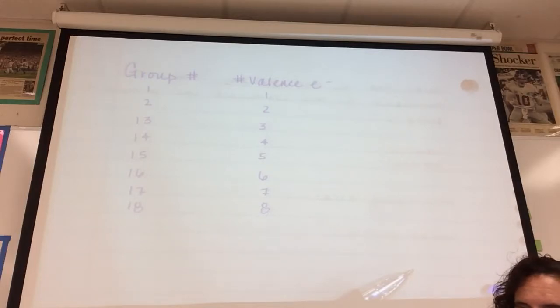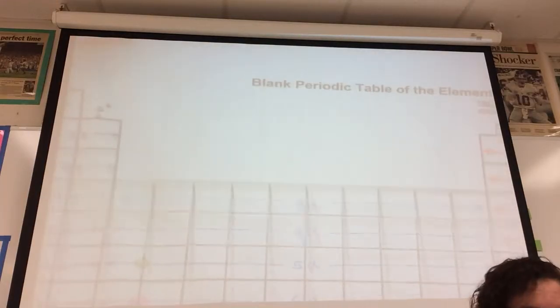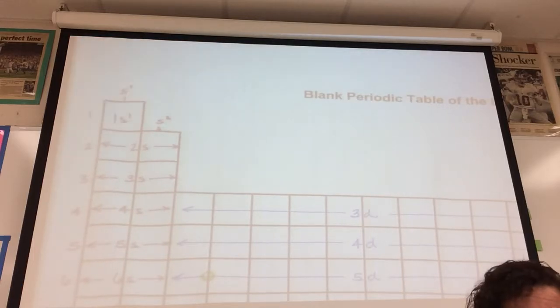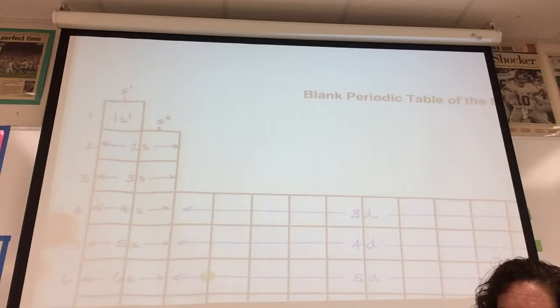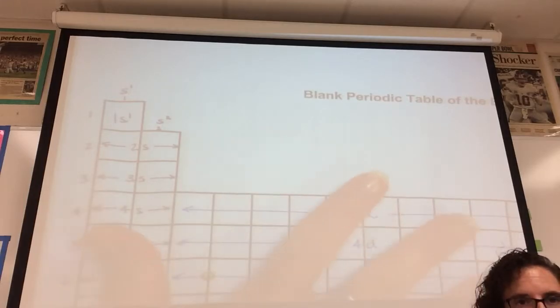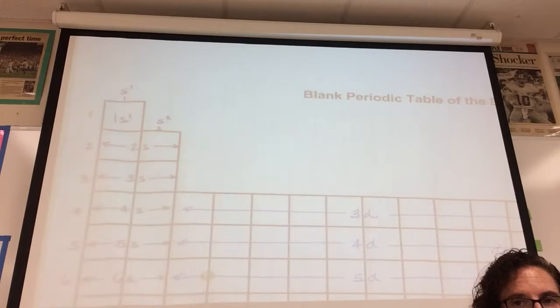Let's take a look at the electron configuration. The other day we labeled our periodic tables so that we could work off of them to write electron configurations. If you weren't here, I labeled off a few in class, and I'm happy to give you one of mine. But you should be able to, with practice, write electron configurations from the periodic table alone, where you wouldn't need the subshell tree diagram.